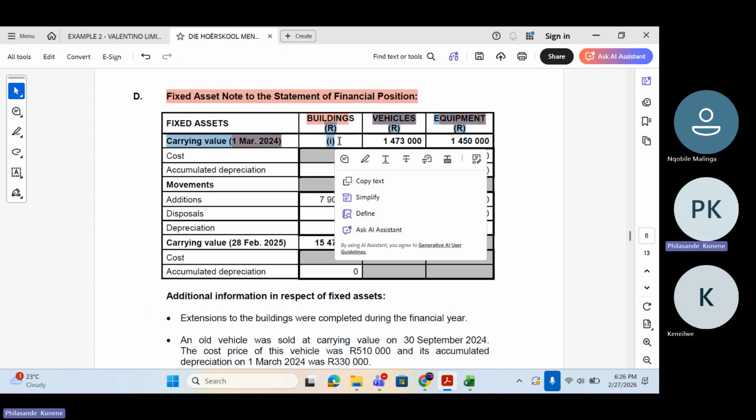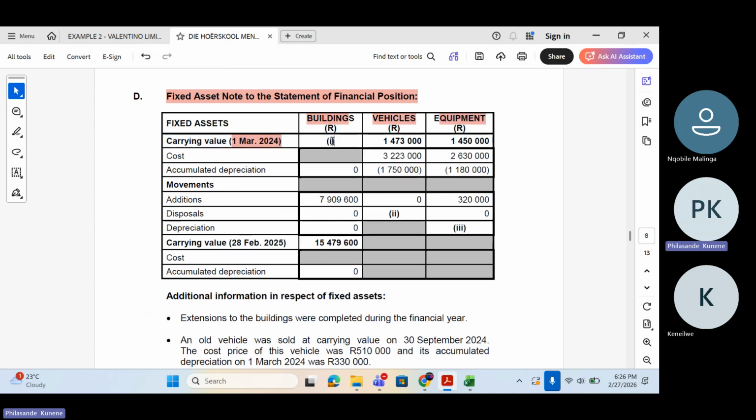We don't have carrying value for buildings, so we need to calculate that. It gave us carrying value for vehicles and equipment. We don't have disposals for vehicles. We don't have depreciation for equipment. So these are the only three things that we need to calculate.